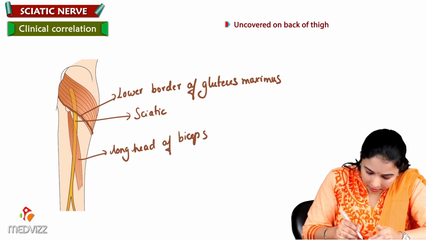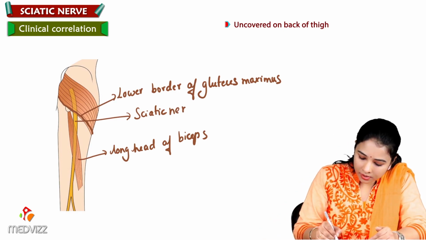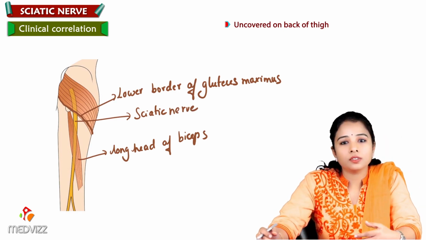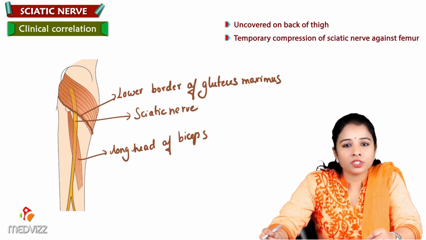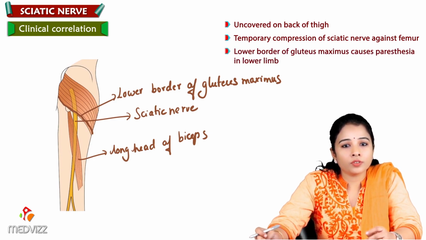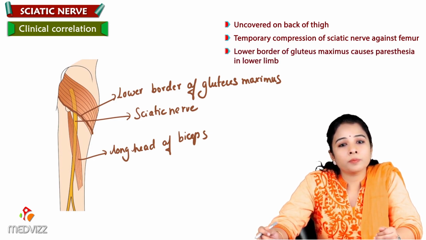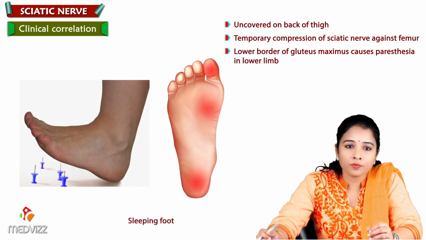So at this angle, the sciatic nerve is uncovered. So here is the sciatic nerve. It is this area where there is a temporary compression of the sciatic nerve against the femur at the lower border of the gluteus maximus, causing paresthesia in the lower limb, which is called sleeping foot.